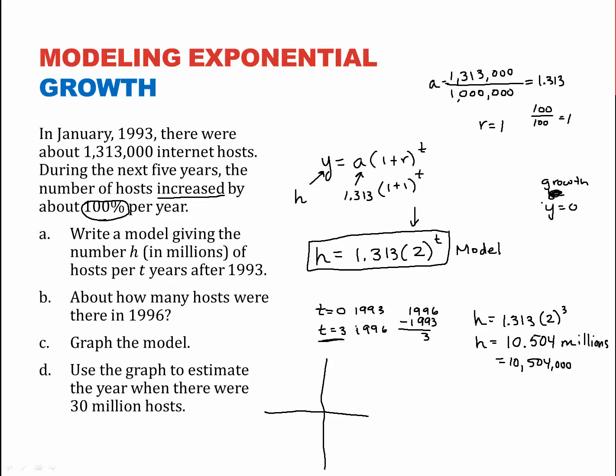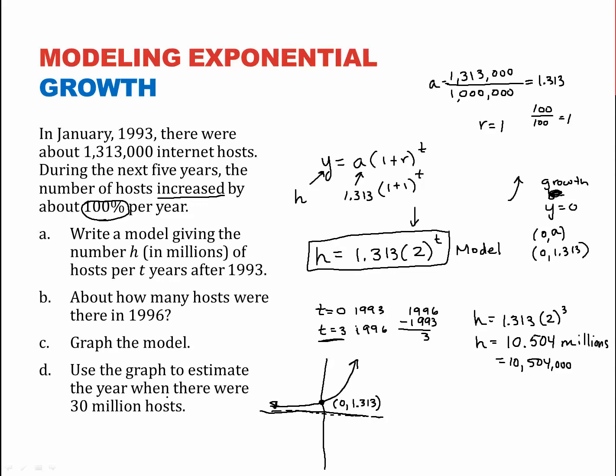A is positive, so that means it's regular growth. 0 comma A, what's the A value? 1.313, right? So this is going through 0, 1.313. This is that asymptote that it is going to approach on the left, and the model pretty much looks like this.